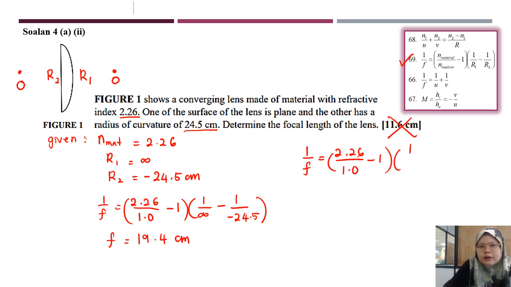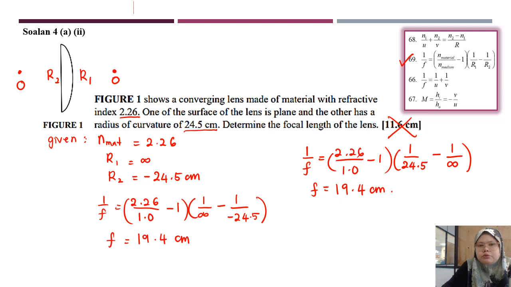R1 will be the convex surface, which is 24.5, minus 1 over the second surface, which is plane, so infinity. So here you will still get the focal length 19.4 cm as well.